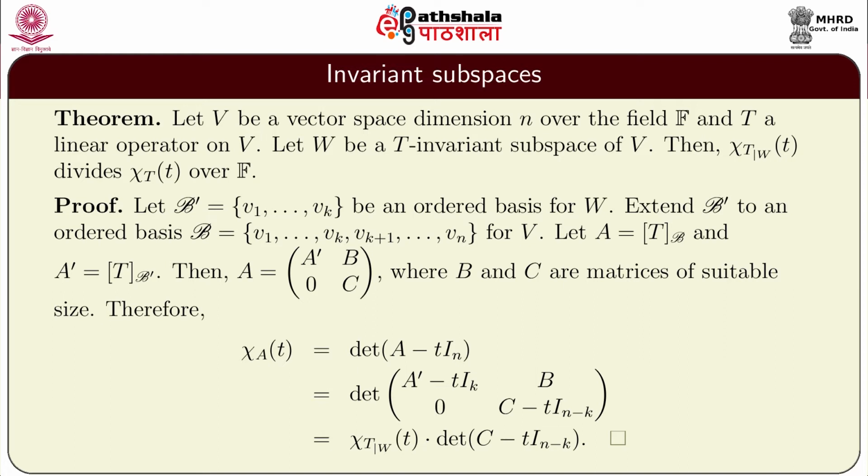You can see that A dash is a k cross k matrix, because it is the matrix representation of that operator T restricted to W with respect to the basis B dash, and the size of the matrix A has to be n cross n.